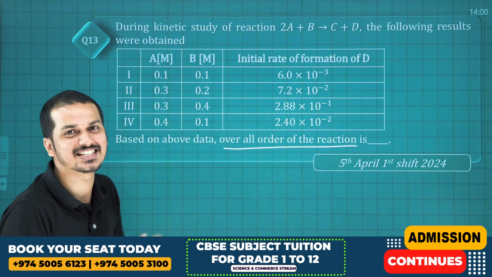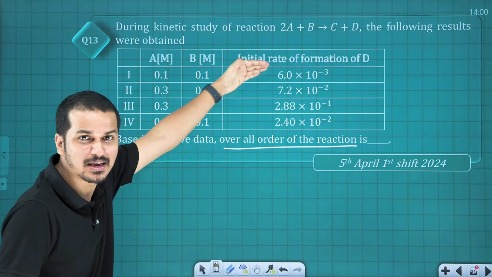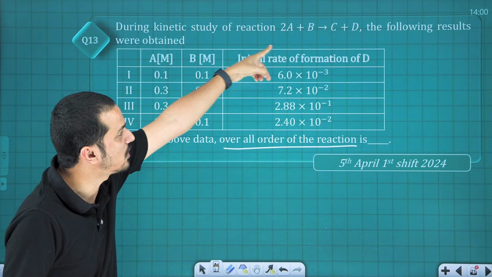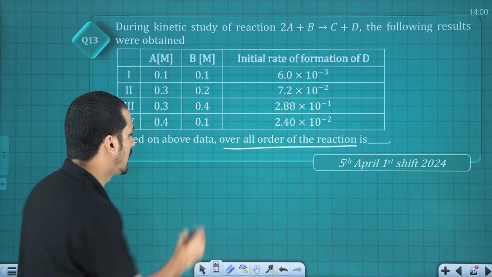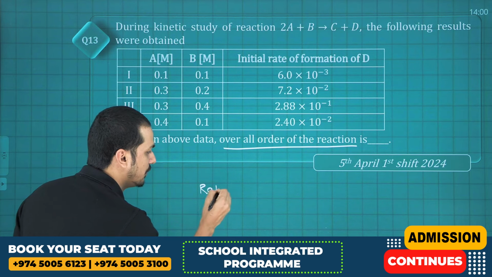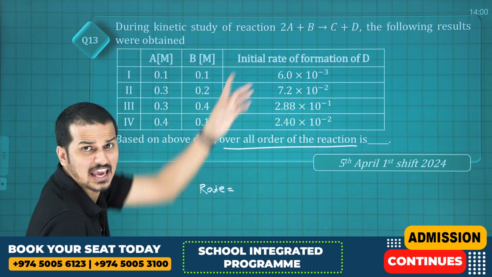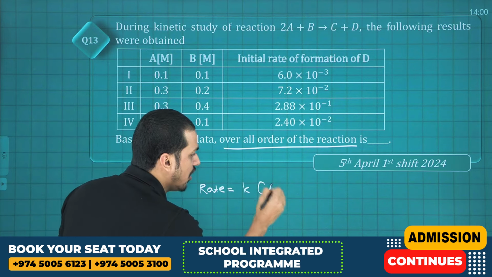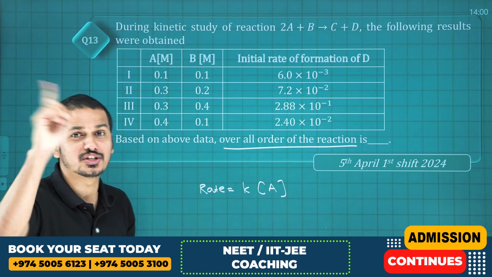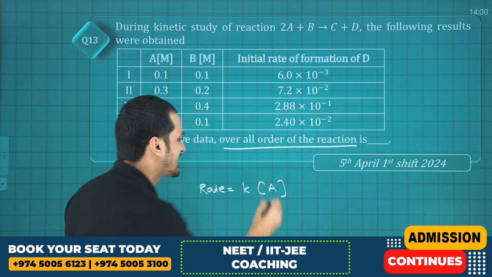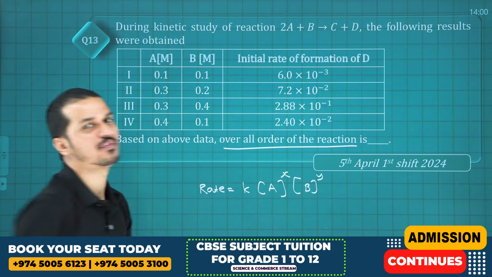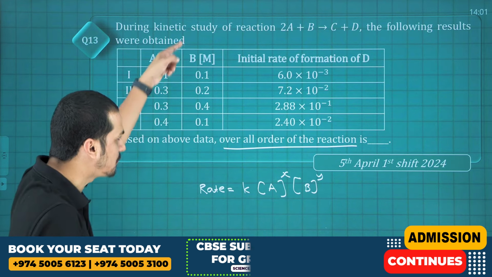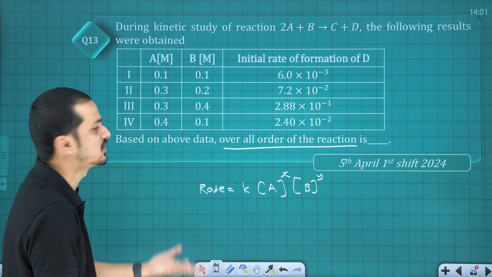We can make four equations from here. If you know the reaction, we know how to write the rate law. Rate equals K into concentration of A raised to X, where we don't know the value of X, and B raised to Y. We can find that only by conducting experiments, and they gave those experiments. Now we have to substitute the values.